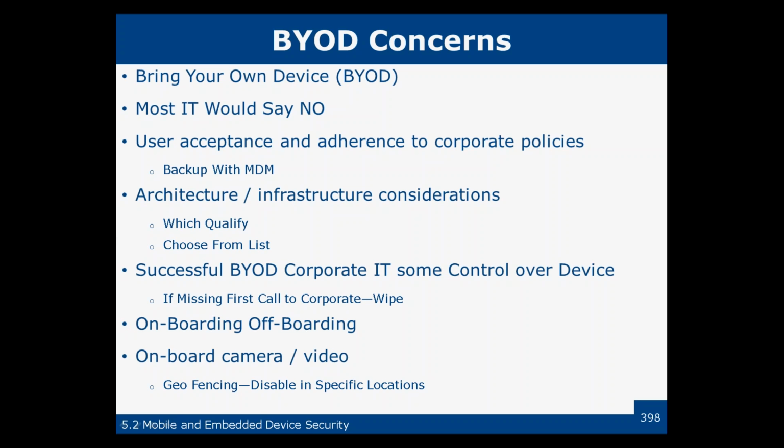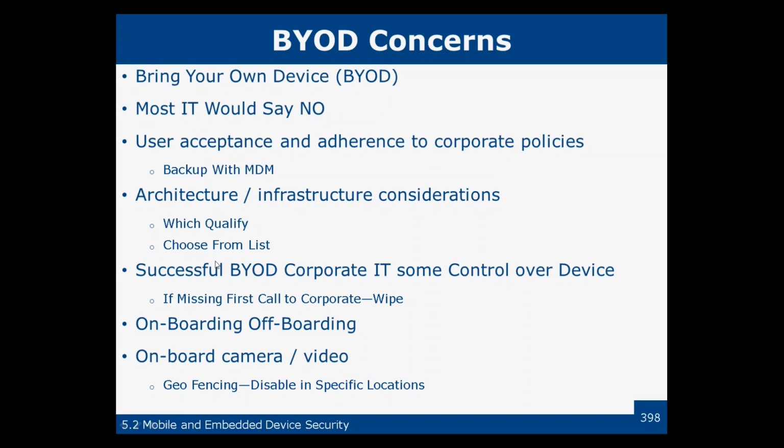Privacy and how we store these things. The onboard camera and video geofencing would allow the camera and the video and probably the microphone to be disabled in specific locations, so that if you get into one of those areas, they do get disabled. I think the key here is that the users have to agree to the policies and have to allow you to do some management of their device, which they may not want you to be able to do.